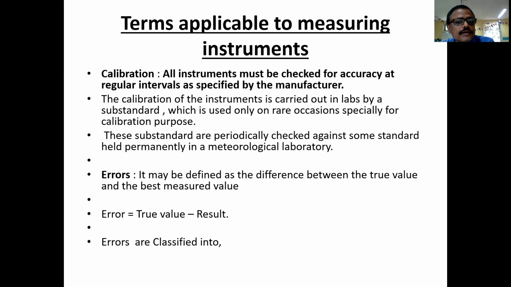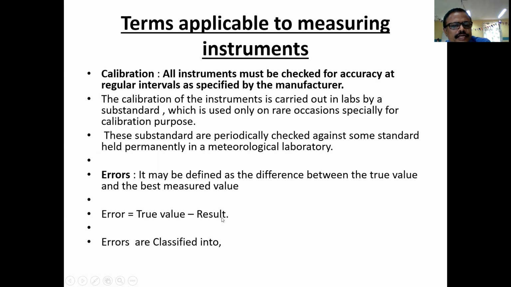Then the most important thing in measurements is errors. We come across this word error time and again. Definition wise, error is the true value minus the result. True value is the most standard value. Result is the actual value.